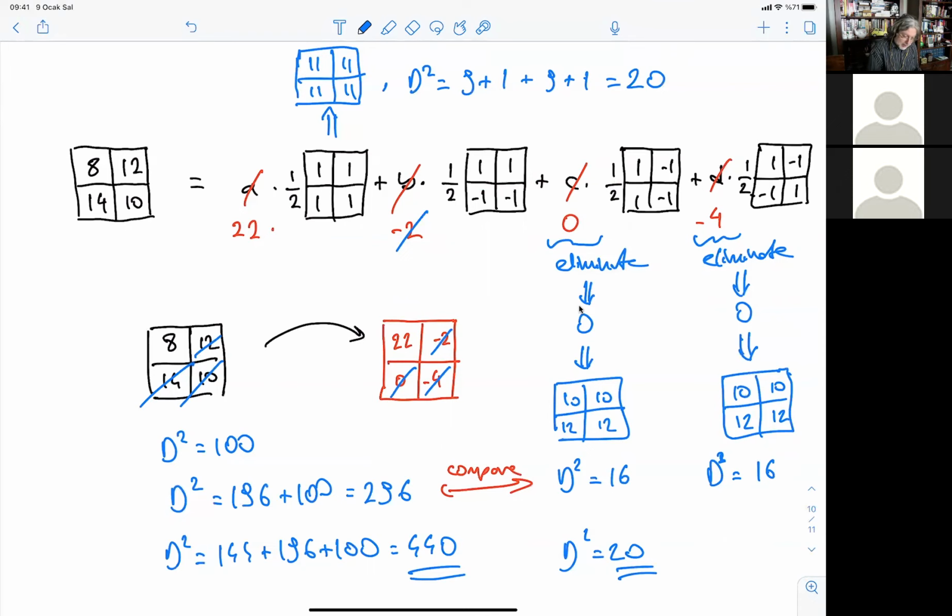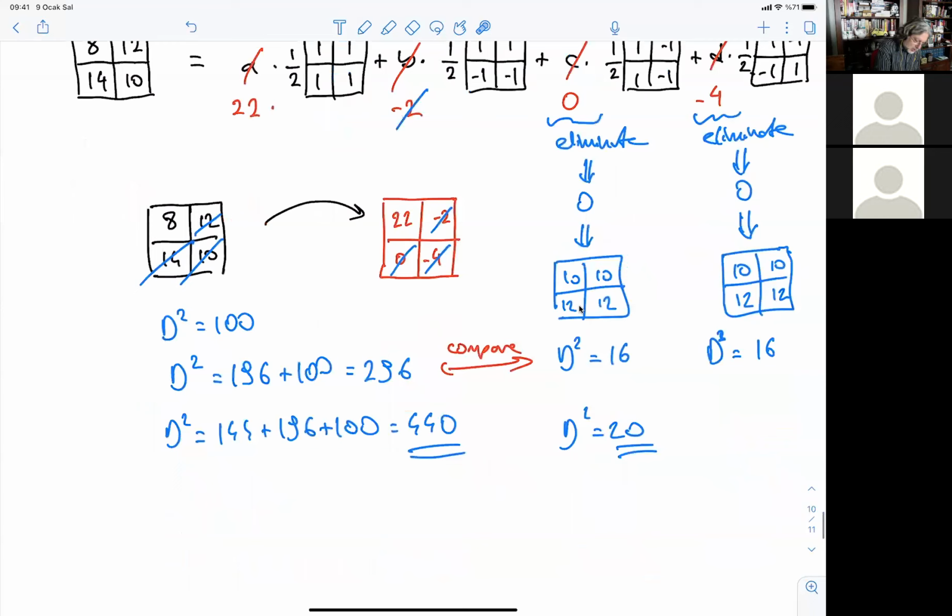By the way, with this kind of a distortion, the compression ratio is 4 to 1. It's a huge compression. You compress to 1/4, a quarter size, as compared to the original. And this square distortion is only 20, which is a good figure.